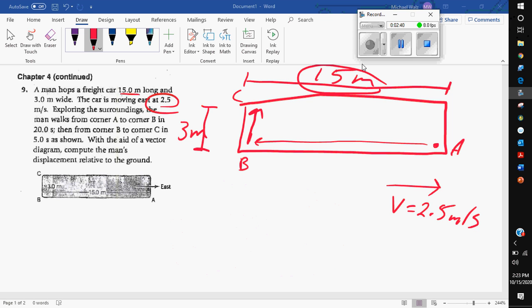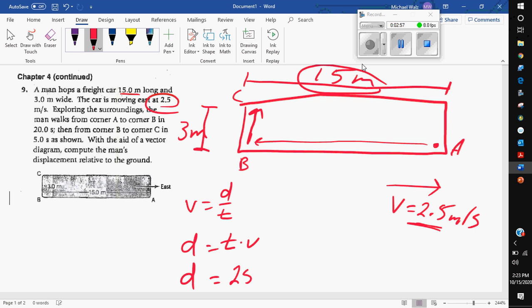I'm going to see how far this car gets displaced in 25 seconds at 2.5 meters per second. We know that velocity is displacement per time, where displacement is time times velocity. Displacement in this case is 25 seconds times 2.5 meters per second.